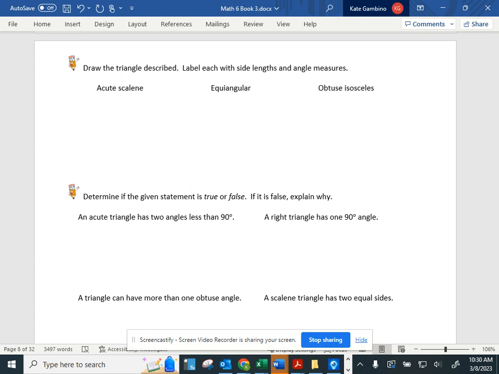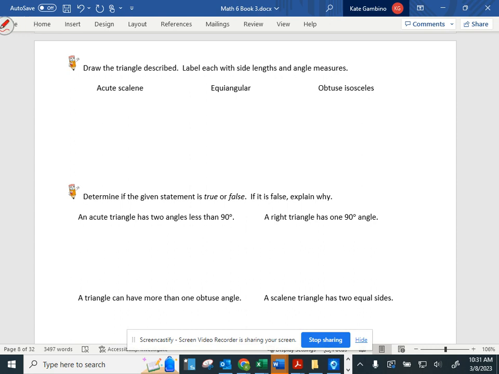No, because by this point we can kind of eyeball it. We know if it's obtuse, it's going to be bigger than 90. We know 90 goes straight up and straight across, and we know acute is going to be smaller. If one side is a little bit bigger than the other side, we would say that's 7 and that one's 6. So you can eyeball it as long as the measurements you're putting in follow with the name of our triangle. So if we look at our first one, it says acute scalene.